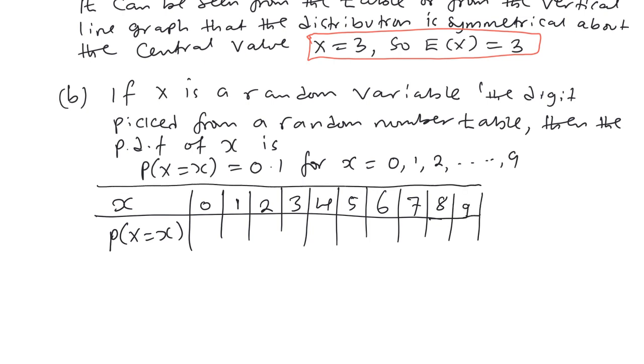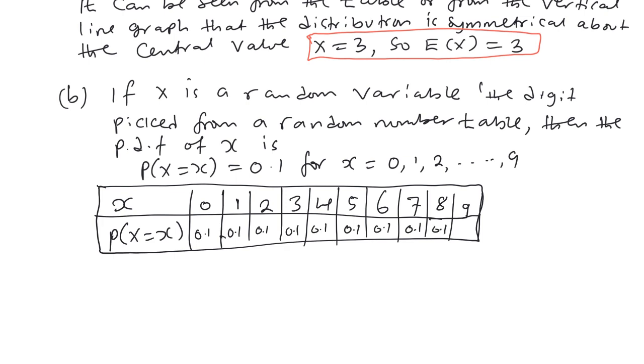This is the PDF we are coming up with. We are saying that each of these values has a probability of 0.1. So if you go ahead and plot the PDF here, you have probability of x and here you have the x's.